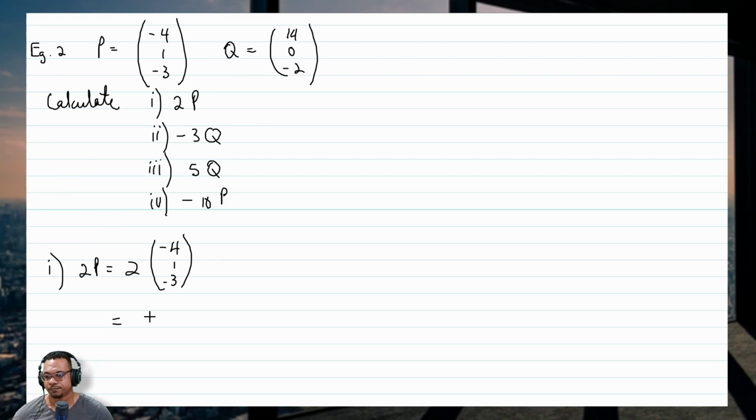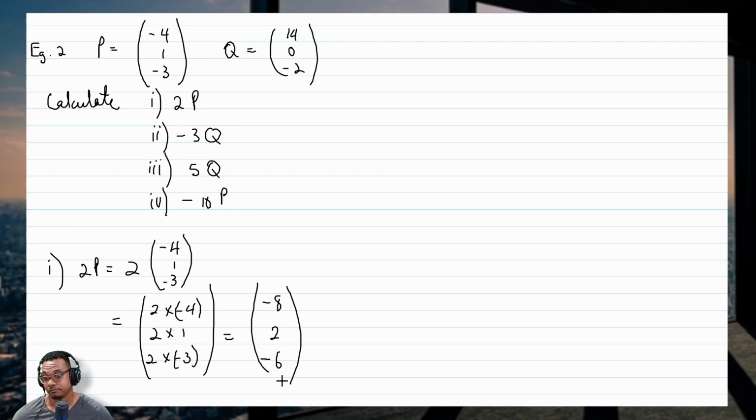So 2 multiplied by negative 4, 2 multiplied by 1, and 2 multiplied by negative 3. Work out the answer: 2 by negative 4, signs are different, so the answer is negative 8. 2 by 1 is 2, and 2 by negative 3, signs are different, so I get negative 6. And this is my answer for 2 times P.